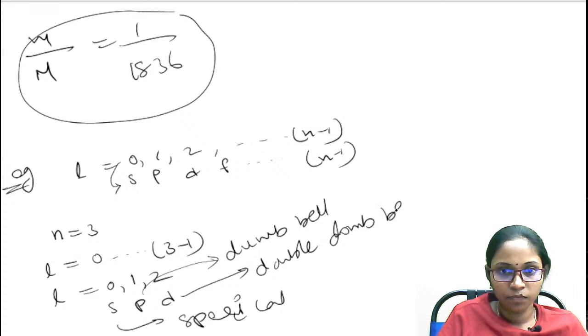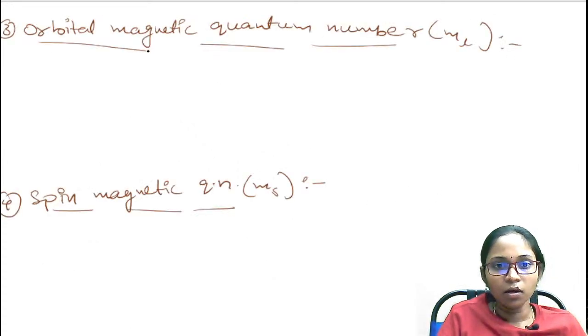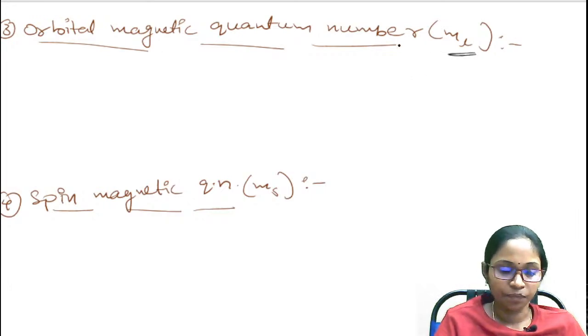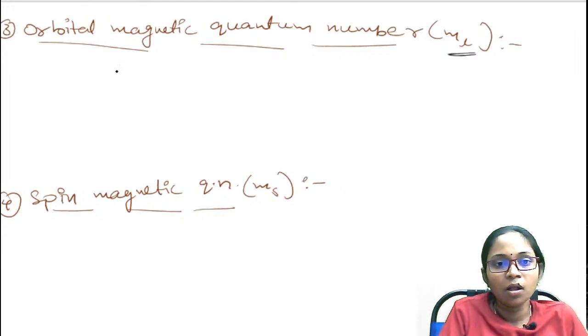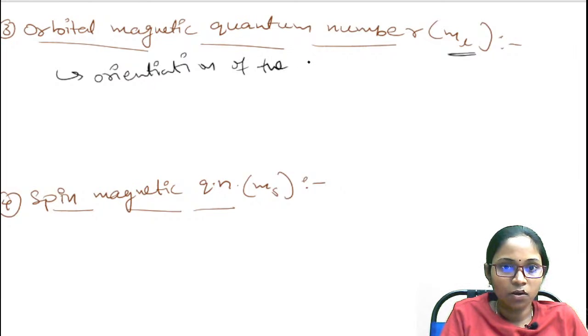Now coming to the orbital magnetic quantum number, ML. This gives us the orientation of the orbital.